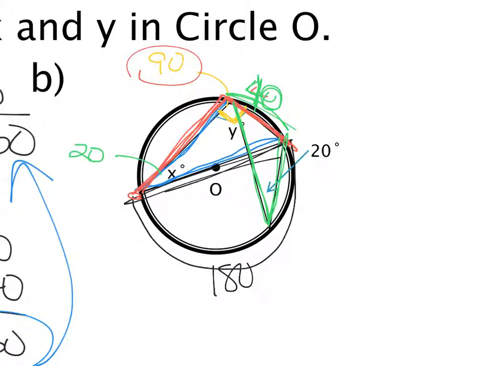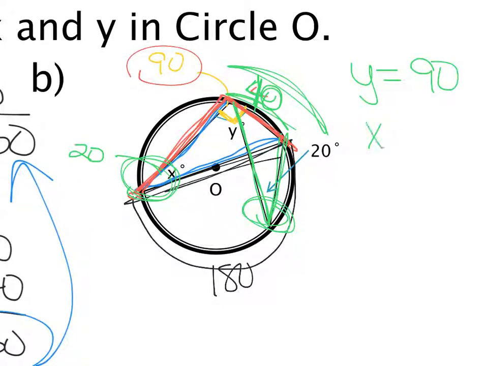Okay, so that very first theorem we saw says that two angles are going to be congruent when their intercepted arc is the same. So the 20-degree angle here and this x, they both are 20 degrees because they both have this intercepted arc. It's the same for both. So y equals 90 and x equals 20 in this figure.